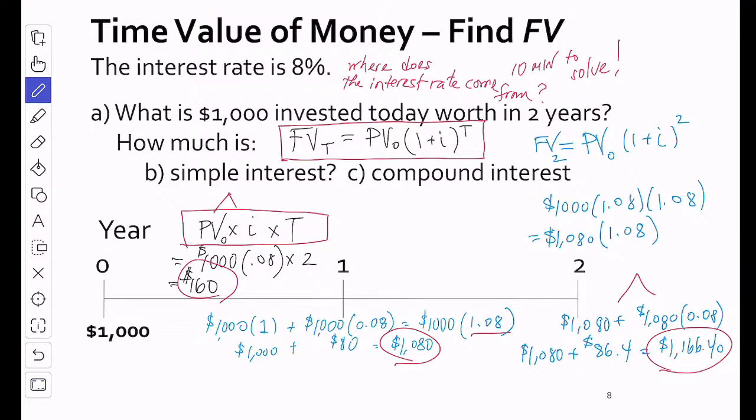So that's simple interest. So what does that leave? You've gone from 1,000, and this entire amount is extra or interest. So 160 is simple interest. So what is the compound interest?